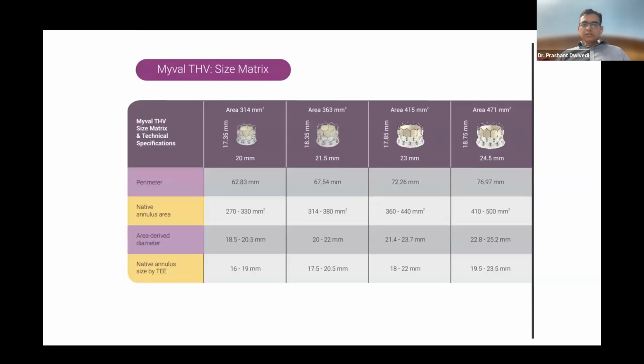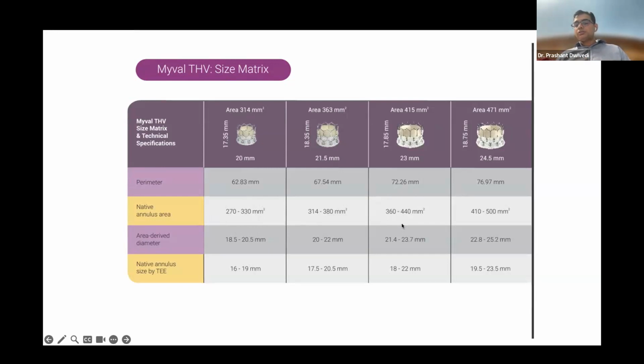So just for simple learning, for the balloon expandable valve, suppose my annulus area is coming around 300. So 300 is between the range 270 to 330, so my valve size will be around 20 millimeter. Suppose my annulus area is around 385, then my valve will be around 23 millimeter.